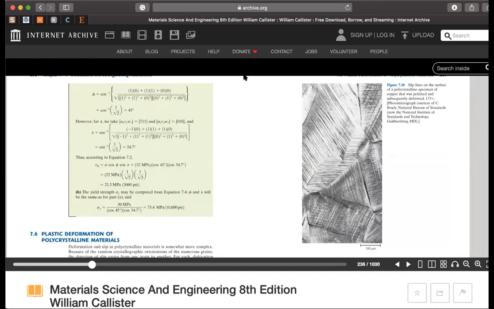Now, sigma y turned out to be 73.4 megapascal. This is the needed stress in order to initiate plastic deformation.